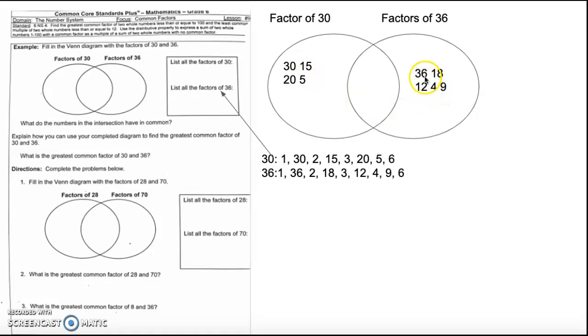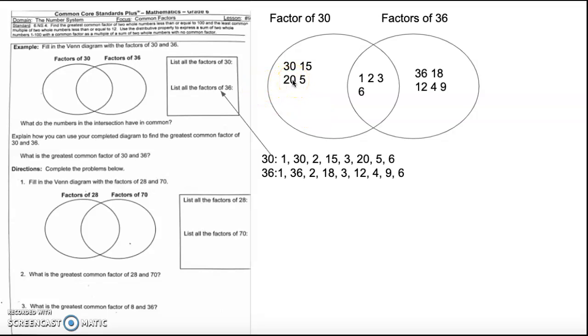And then factors of 36: 36, 18, 12, 4, and 9. Now the ones in the middle are the numbers that are the same: 1, 2, 3, and 6. If you don't have that written down, I would go ahead and do that right now. Just remember that this is supposed to be 10, not 20.